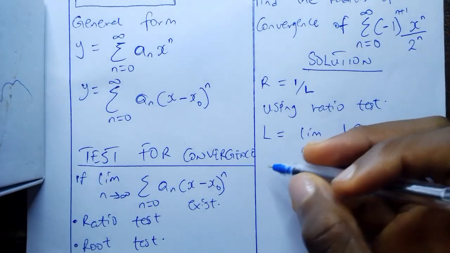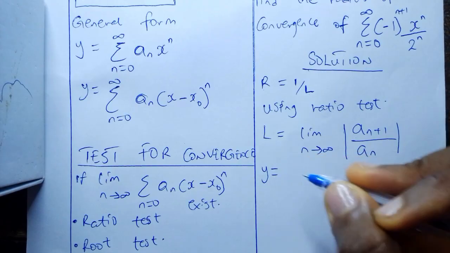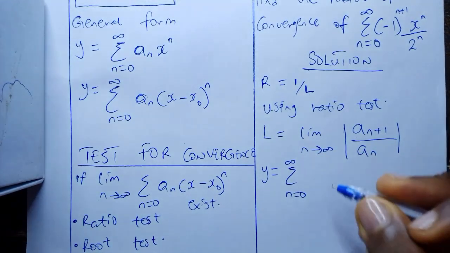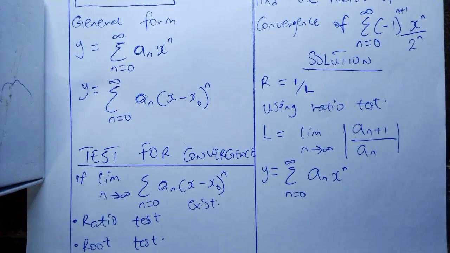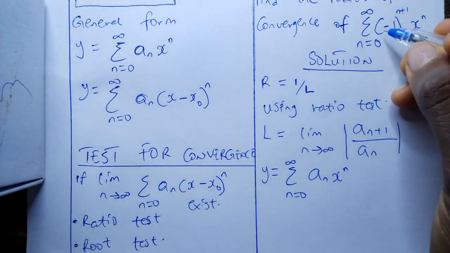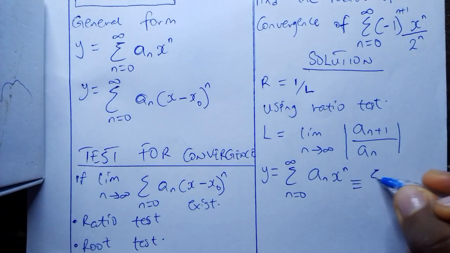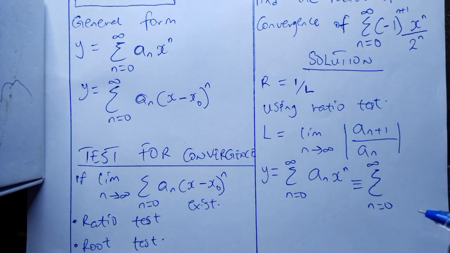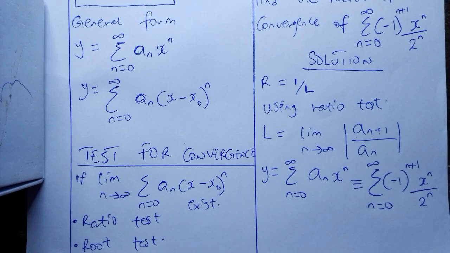So from our power series, we said what? y equals summation to infinity, n equals 0, a_n x to the power n, right? These are power series. And from the series given to us, comparing, we have summation infinity n equals 0, (minus 1) to the power n plus 1, x^n over 2 raised to power n, right?